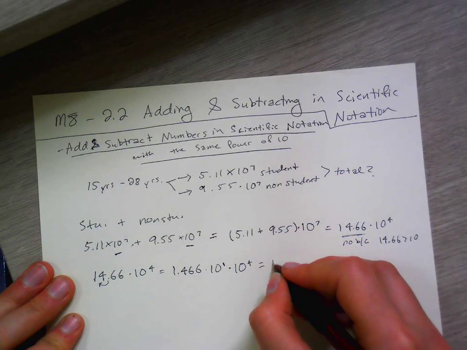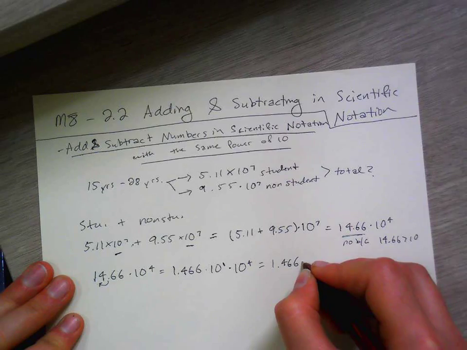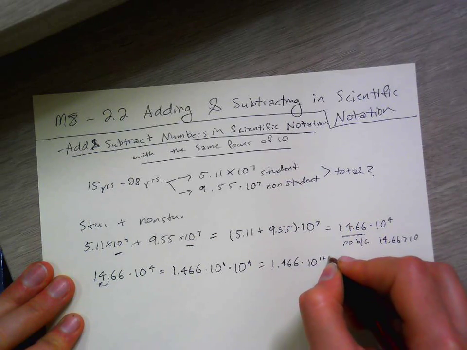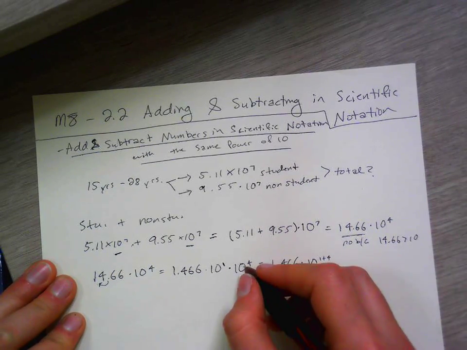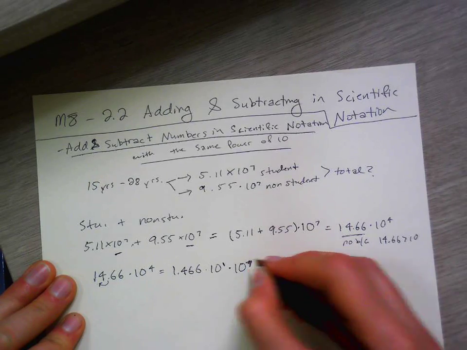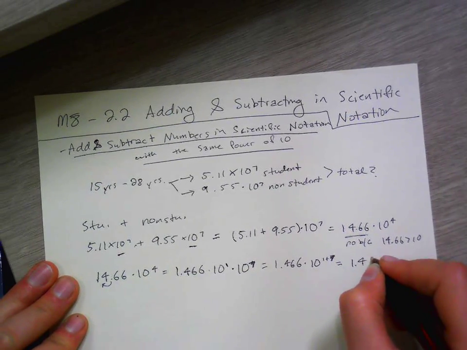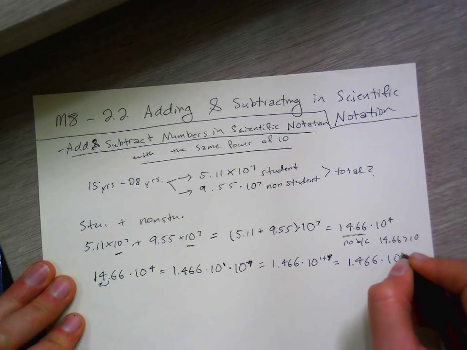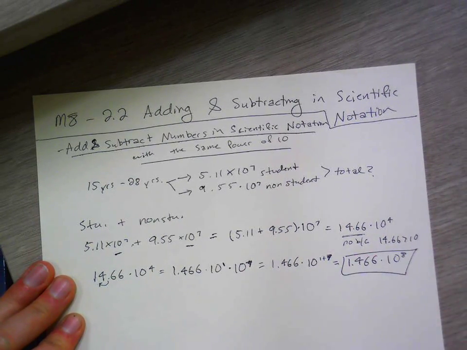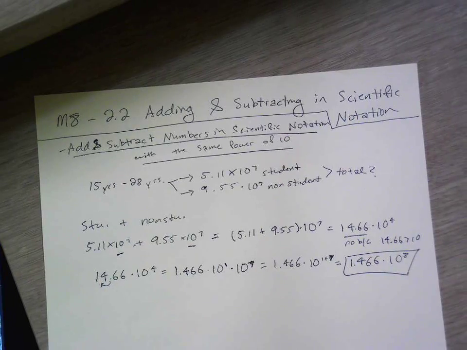So let's simplify. 1.466 times 10, 1 plus 7, remember we add the exponents when they're being multiplied. So that gives us 1.466 times 10 to the power of 8. And that's your final answer. So that is our sum.